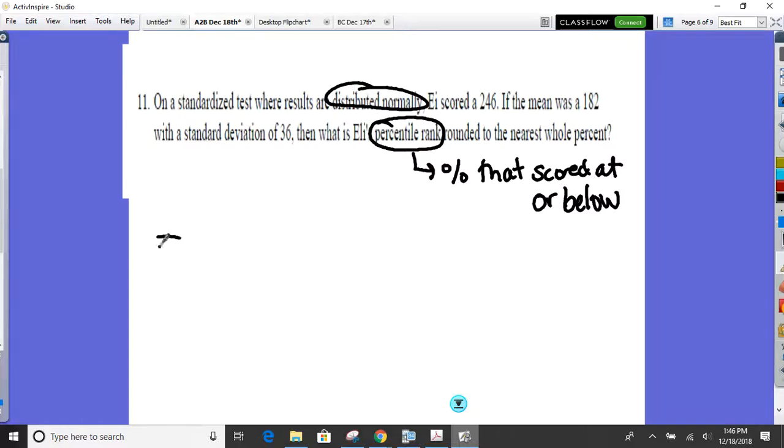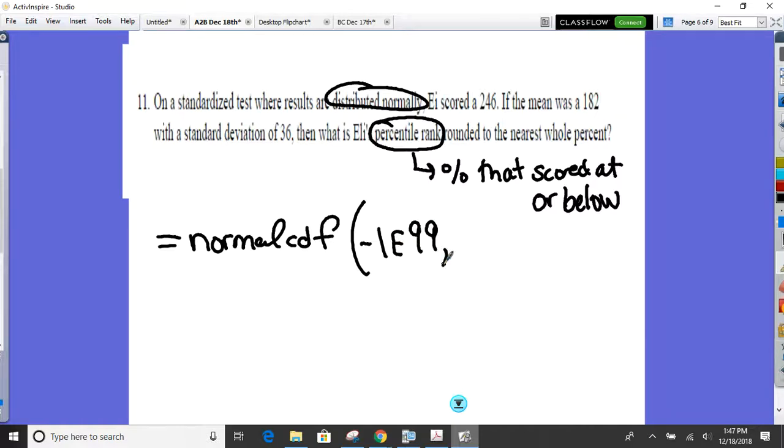Yep, let's roll. At or below. So what was his score? 246. So ready? At or below 246. So what should be my lower bound? Yep, negative 1E99. How about your upper bound?